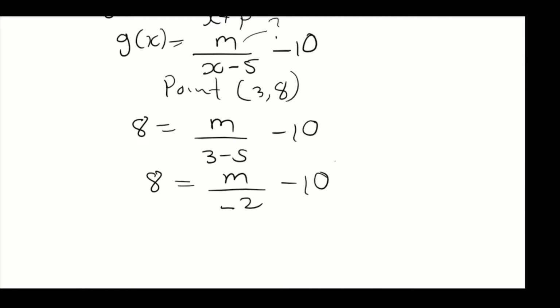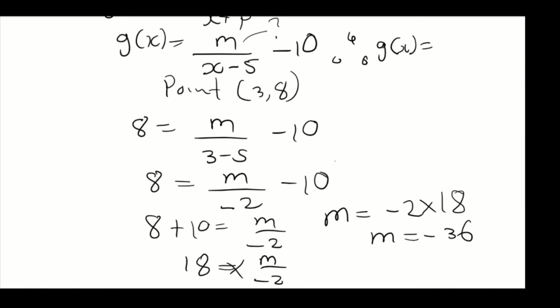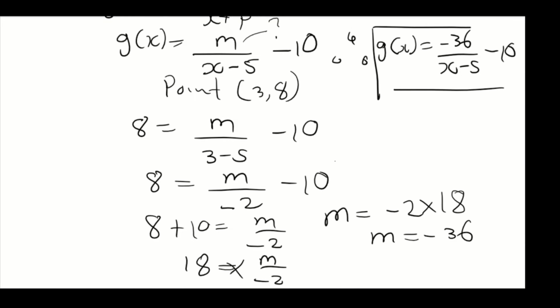Transpose the -10 to the other side: 8 plus 10 is equal to m over -2, so 18 is equal to m over -2. Then we cross multiply, so m is equal to -2 times 18, so m is equal to -36. Therefore the equation of g(x) is equal to -36 over (x - 5) minus 10. So this is the equation of g(x).